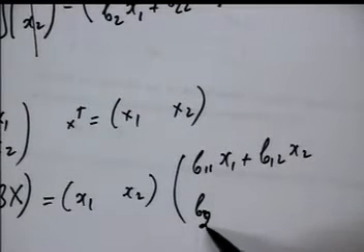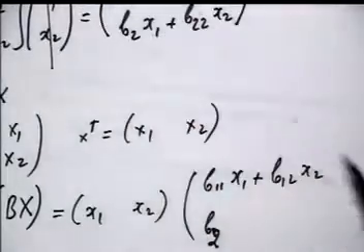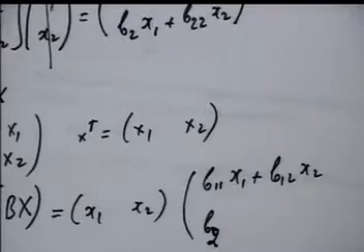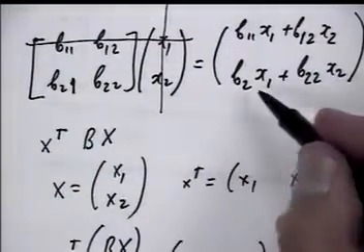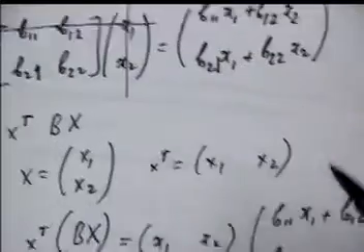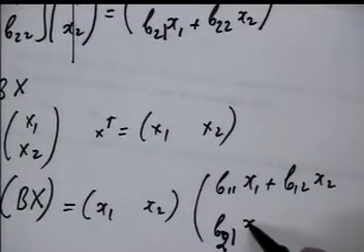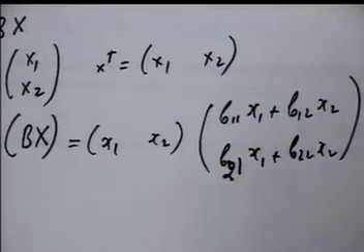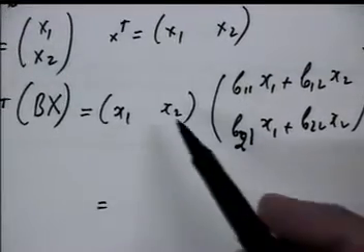b21 x1 plus b22 x2. And then this equals a number, actually.